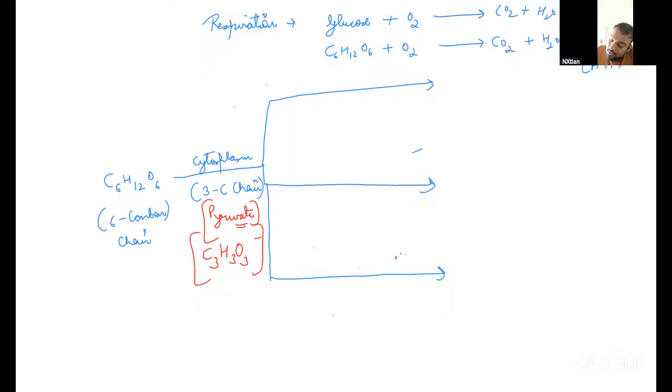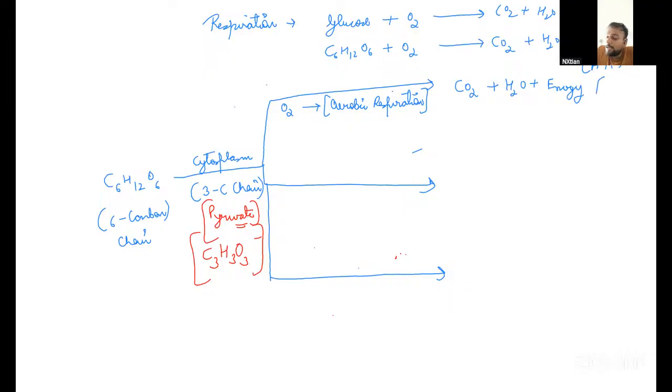So when the pyruvate goes to aerobic respiration, it releases carbon dioxide plus water plus energy.